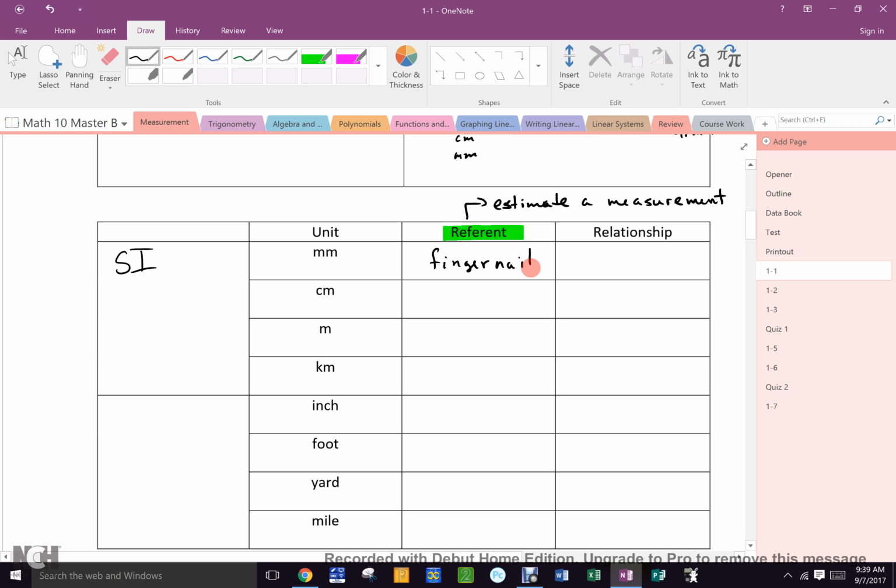Okay, now give me one for centimeter. You can talk, you don't have to sit quietly. What's something that's about a centimeter? Pinky. Yeah, sure. I would use my finger because I don't want to take my shoe off.